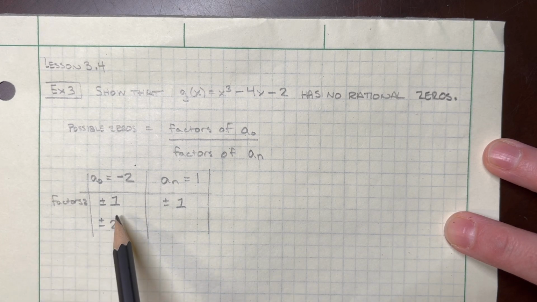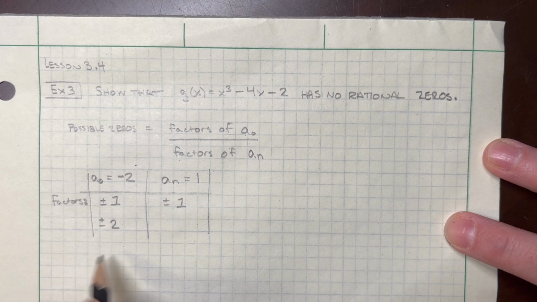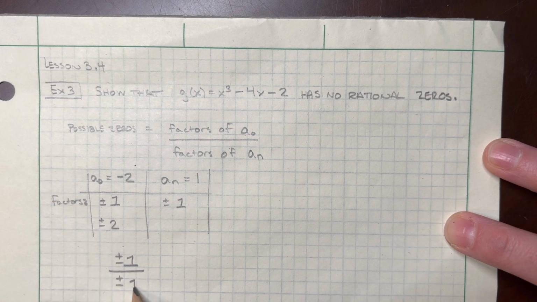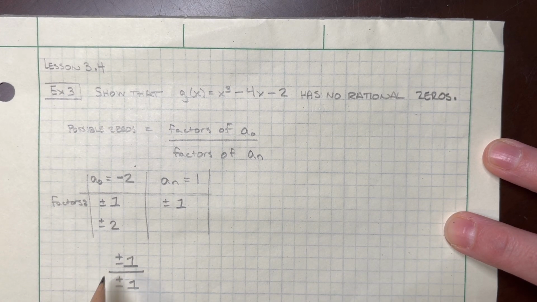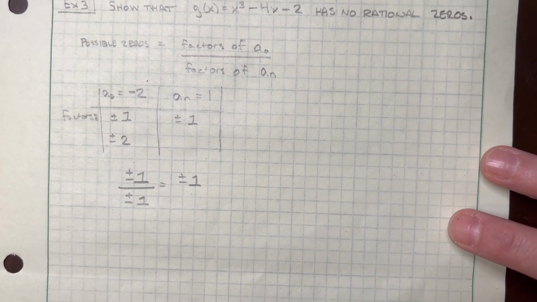So I'm going to start with +1 over +1. That's one candidate root. And that simplifies to either +1 is a possibility or -1 is a possibility.